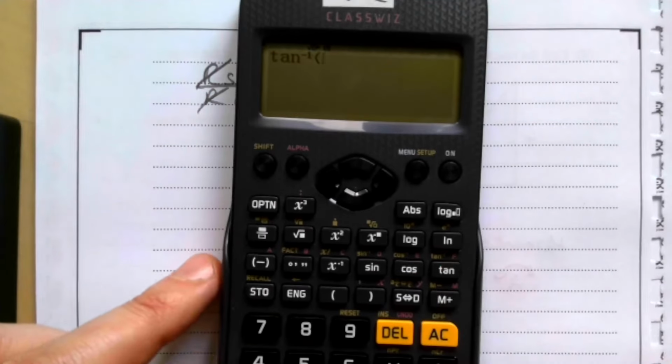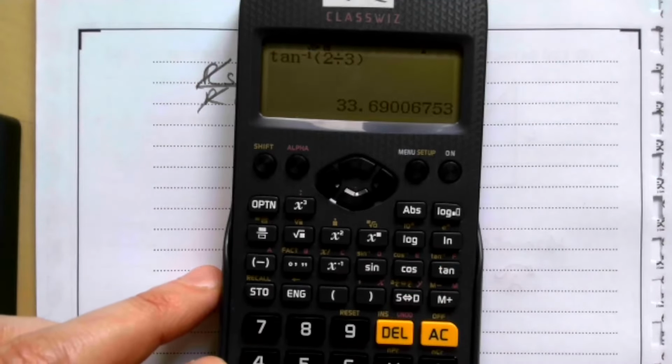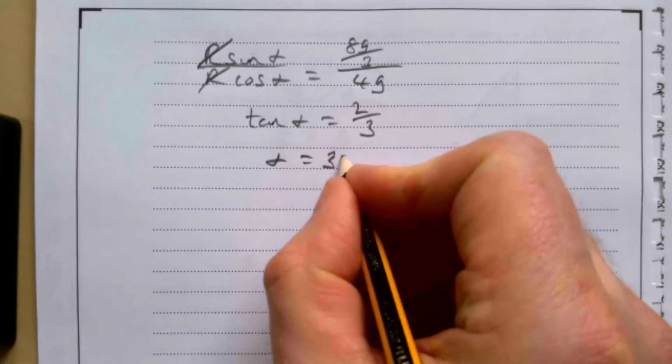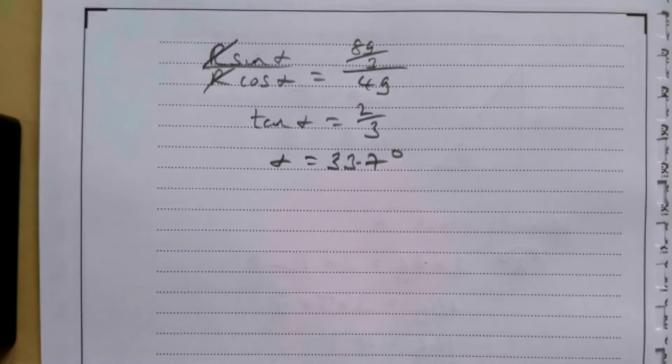Shift tan of 2 divided by 3 equals 33.69, or 33.7 degrees.